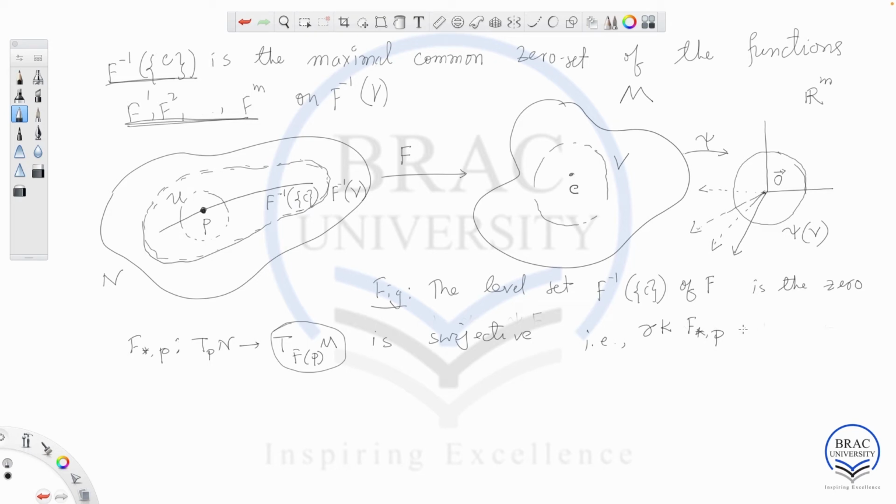which is the dimension of this tangent space T_F(P) M, and this is equal to m, right?